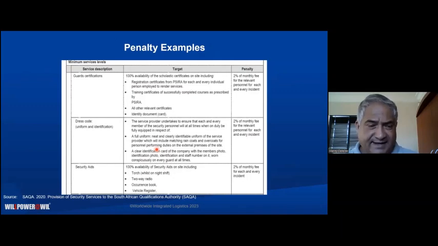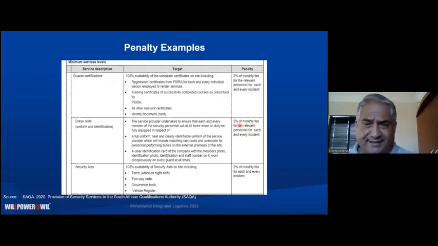And this is then SAQA, the South African Qualification Authority. This is on the website, on the internet, so it's generally available. There, for example, they used different types of service items, and then what the target or the service level would be, and what the penalty will be. For example, if the guards didn't have the uniforms on, etc., then there is a 2% penalty for each incident.